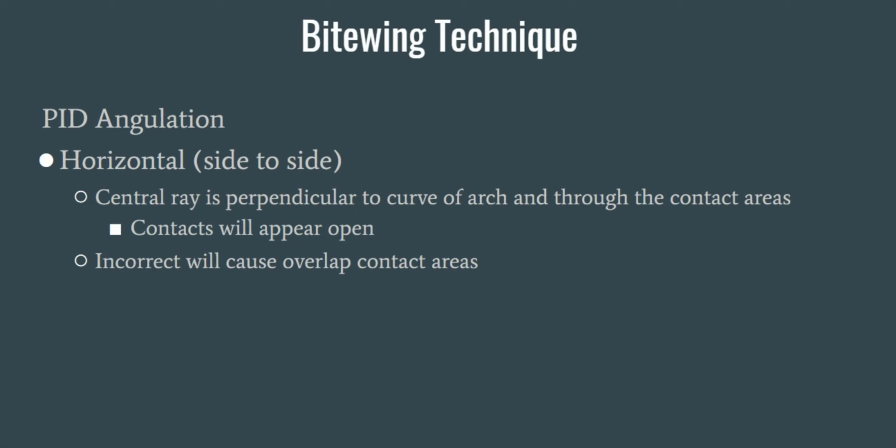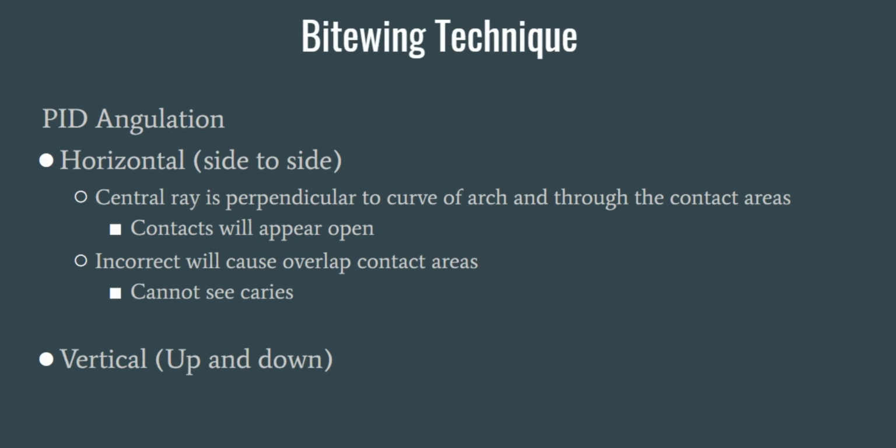If you do not have it perpendicular, you will have incorrect angulation, which will cause overlap in the contact areas, or those radiopaque superimpositions on the adjacent teeth. And this will make it more difficult to detect caries and could lead to problems for your patient as the cavity will grow.